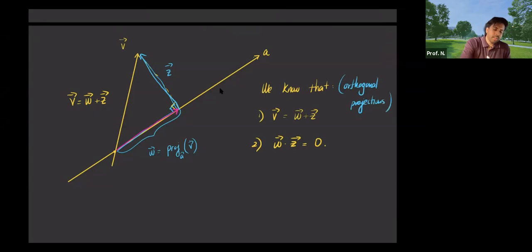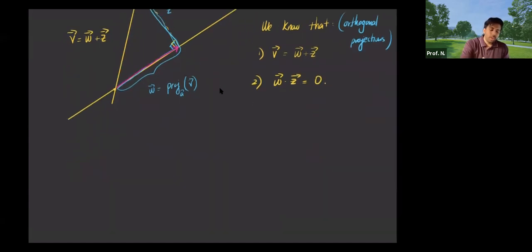In other words, it's like saying, give me any vector, I can rewrite it as two vectors that are orthogonal and that add up to the vector that I'm given. Or you can think of a vector whose side is the hypotenuse of a right triangle, and W and Z represent the legs of that right triangle. So what do we know about right triangles? They obey the Pythagorean theorem.